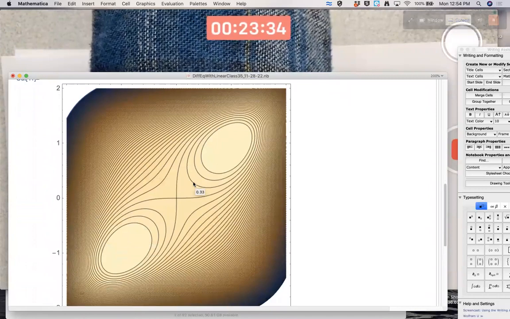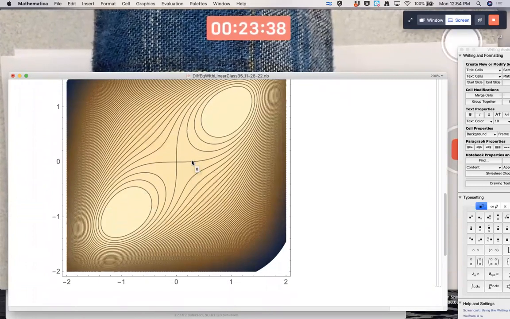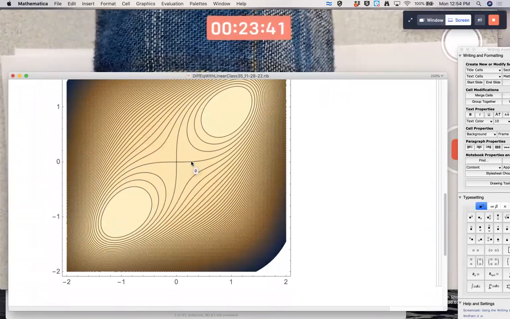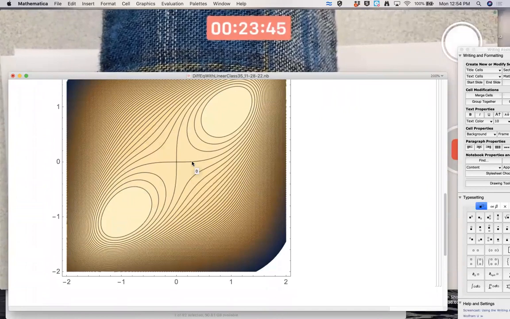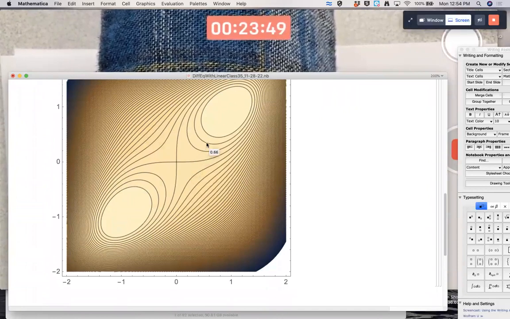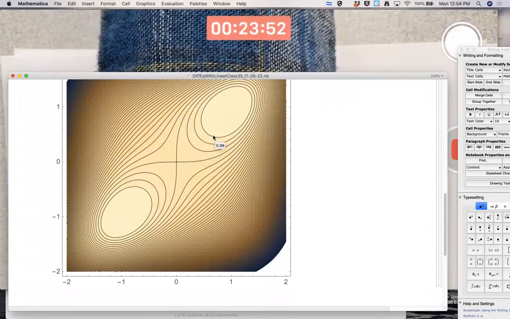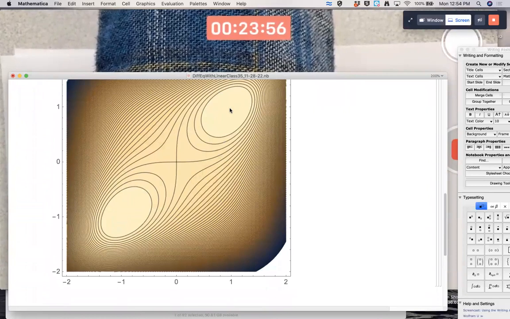These are called the level curves of the multivariable calculus function. Along any one of these level curves, the function output is constant. It's perhaps too small for you to see here, but I'm putting the cursor right here and it says 0. I put the cursor right there, it says 0.33, 0.66, 0.99. Heading up toward 1, 1, there's a local max value of 2.